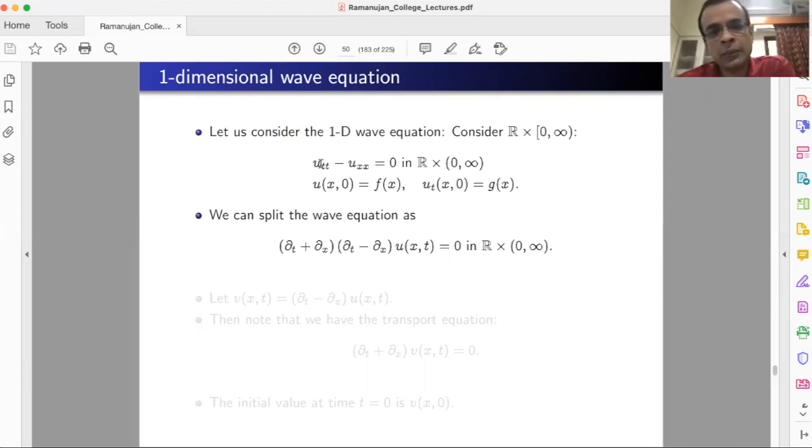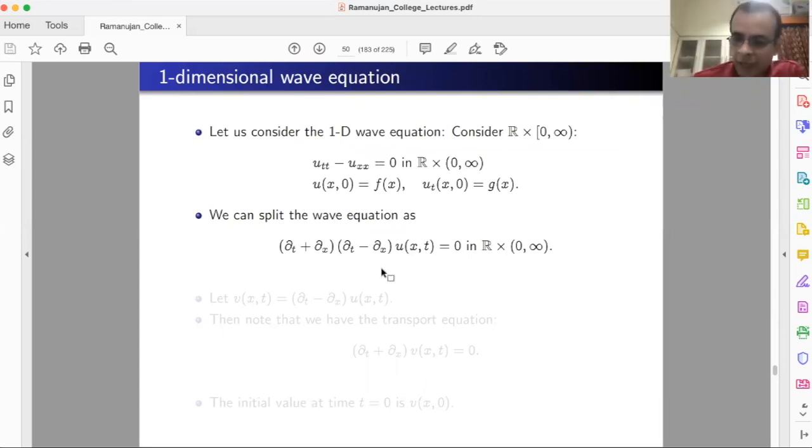Okay, so you have u_tt minus u_xx is equal to 0, but because this is one dimension, I can actually split this u_tt minus u_xx as d_t plus d_x composed with d_t minus d_x of u of x, t. So it's quite easy to check that this is actually the same as u_tt minus u_xx. It's the same as a squared minus b squared is a plus b times a minus b.